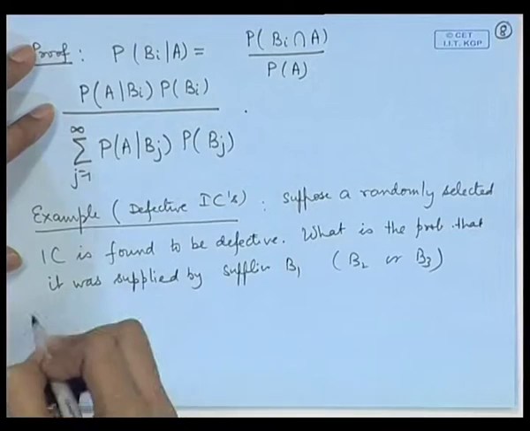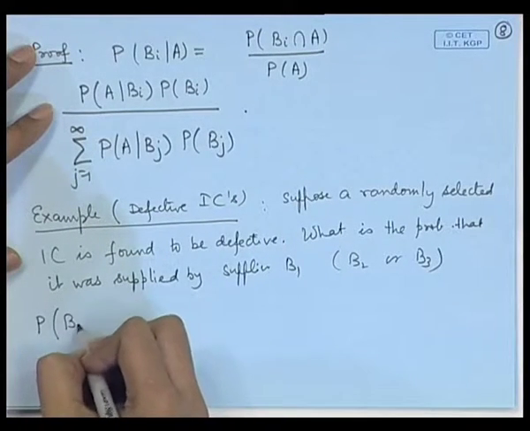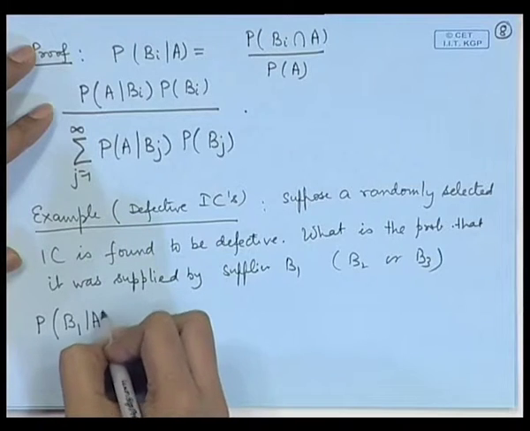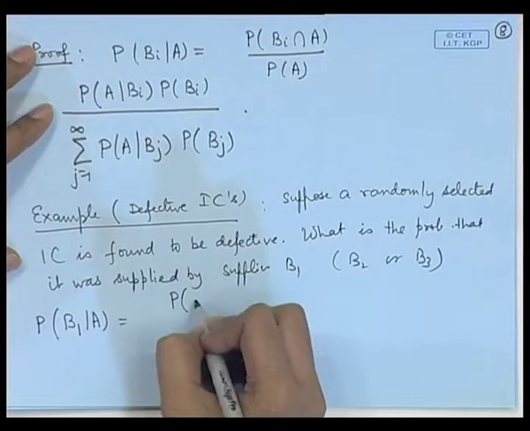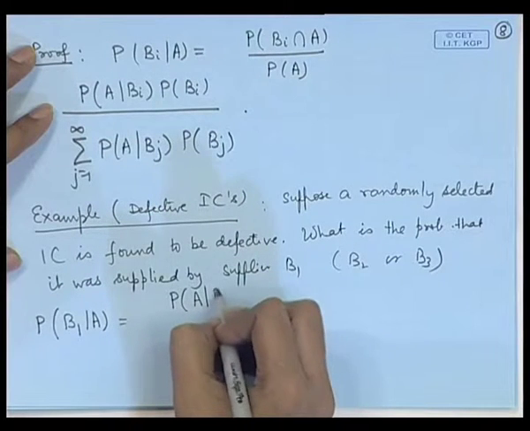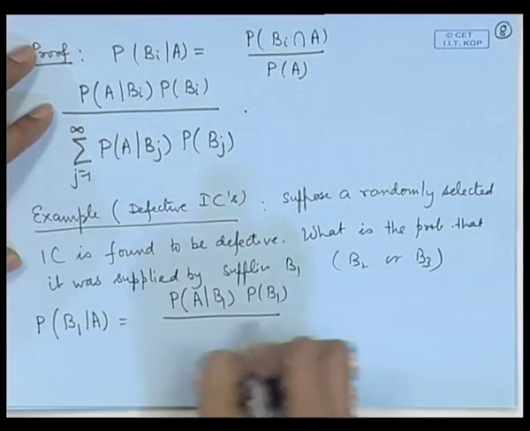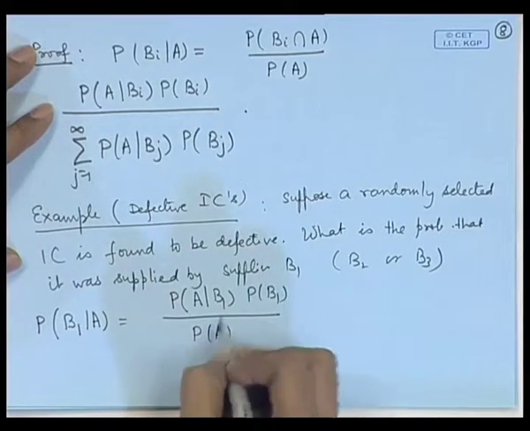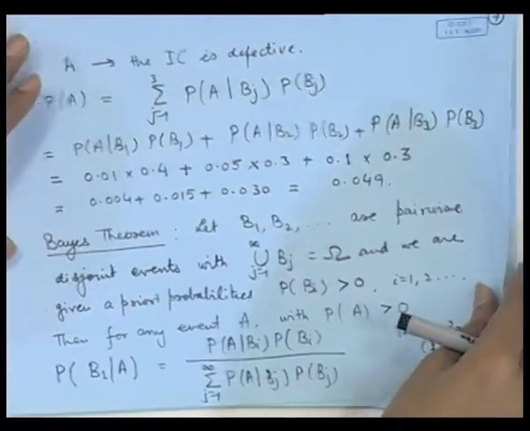Let us look at the first one. In the first one, we are interested in finding out the probability of B 1 given A. By the definition of Bayes theorem, it will become probability of A given B 1 into probability of B 1 divided by probability of A. We already evaluated the probability of A as 0.049.